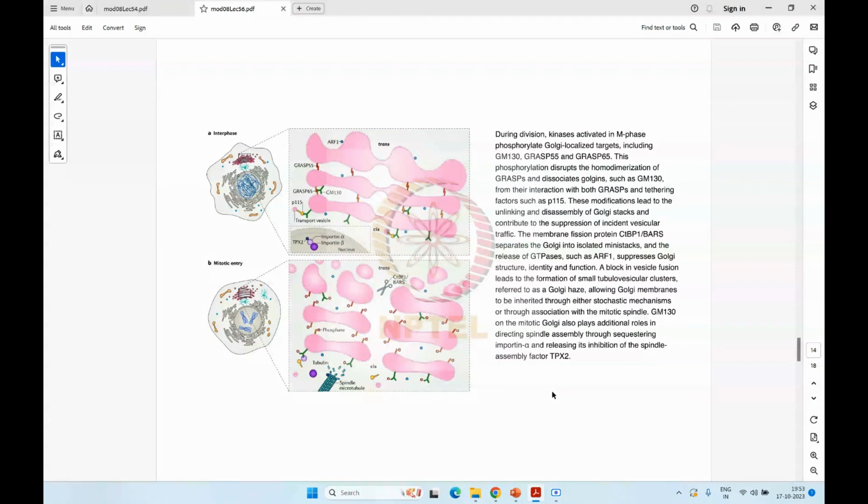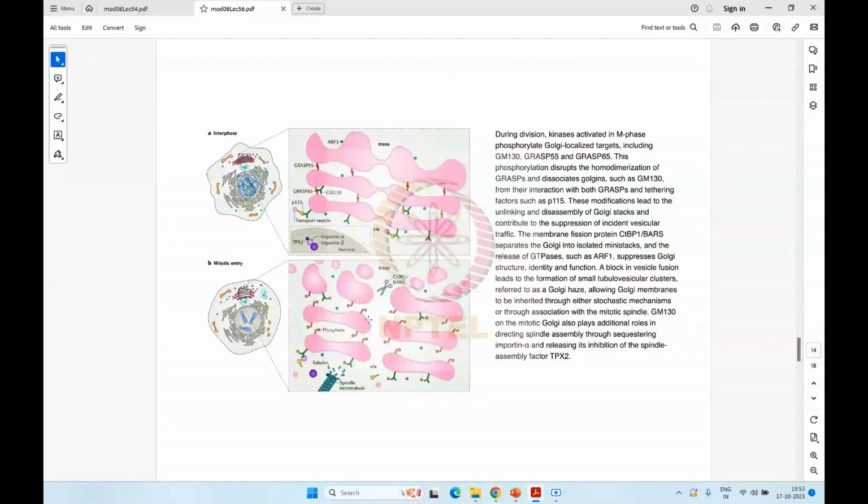The Golgi is also going to fragment during this process. However, it does not open up; rather, the cell chops it up into smaller vesicular structures, which can be reassembled at the end of the mitotic cycle.